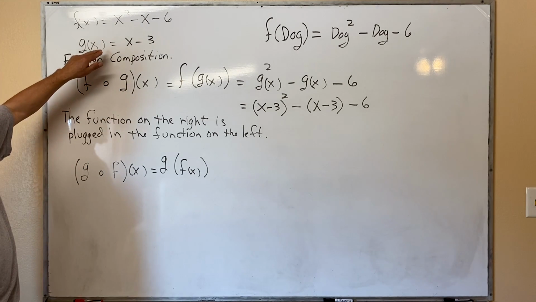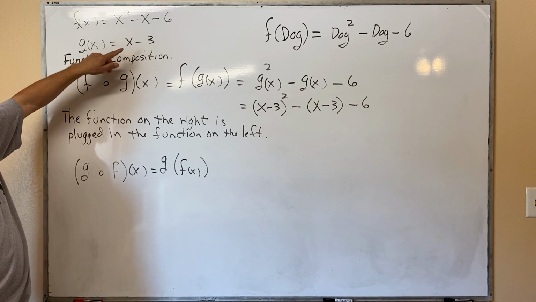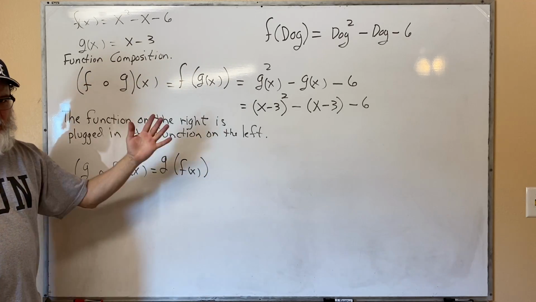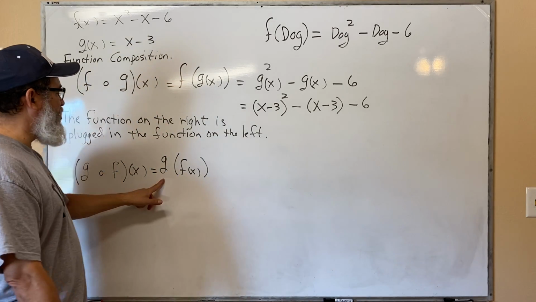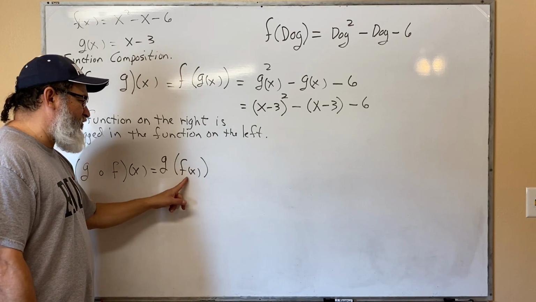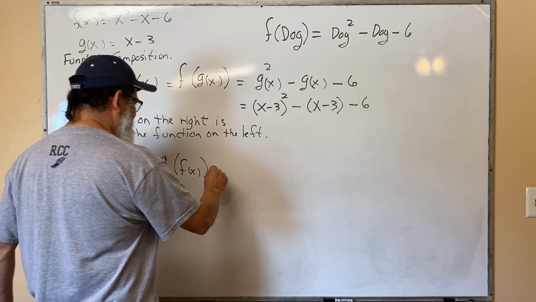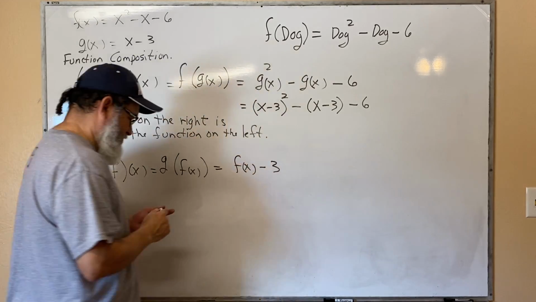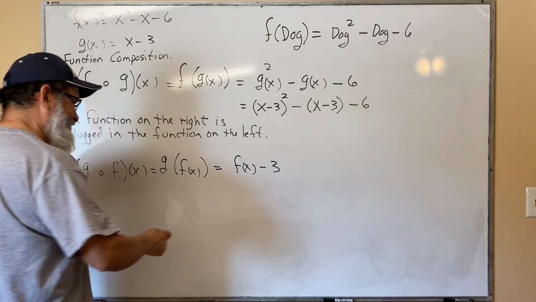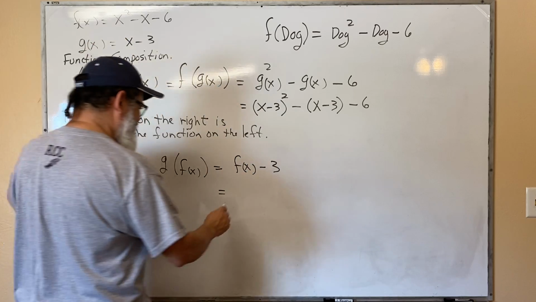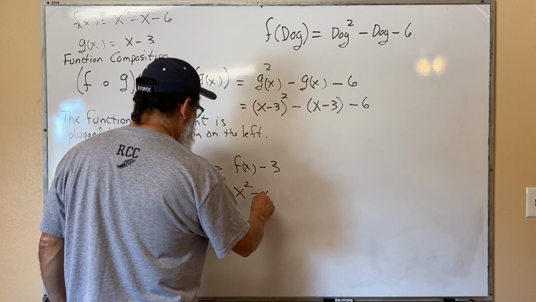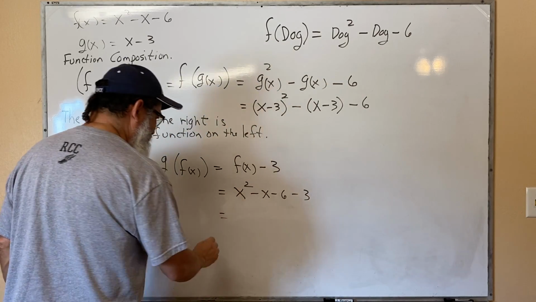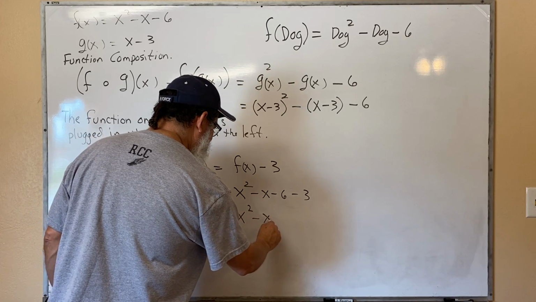What would g do to anything? What would g do to dog? G would take dog, subtract 3. Okay? What would g do to f? G would take f, subtract 3. So this is f of x minus 3. But what is f of x? Right there. X squared minus x minus 6 minus 3, and this equals x squared minus x minus 9.